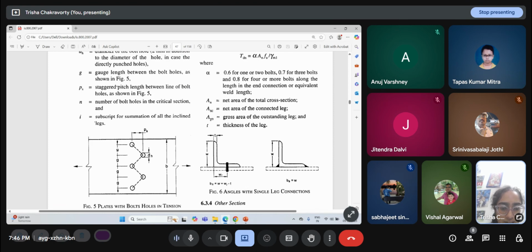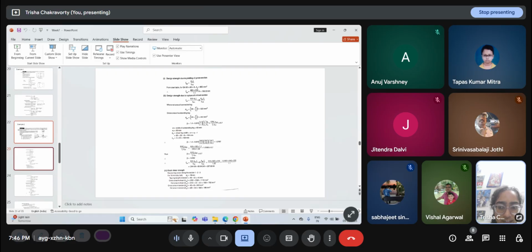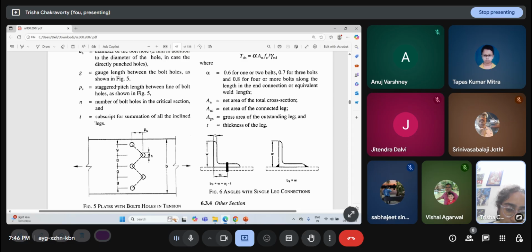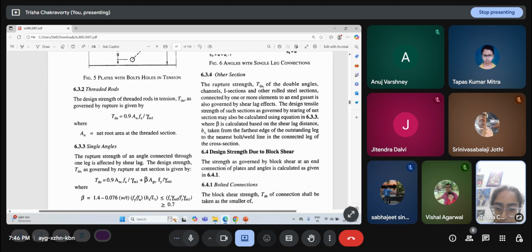The width of the outstanding leg here is 60, because I've attached the 90 leg to the gusset plate, so the 60 is outstanding. And what will be the shear lag distance? It will be this g, right? Because it is from the end of this angle to the first bolt hole, so that is the shear lag width.